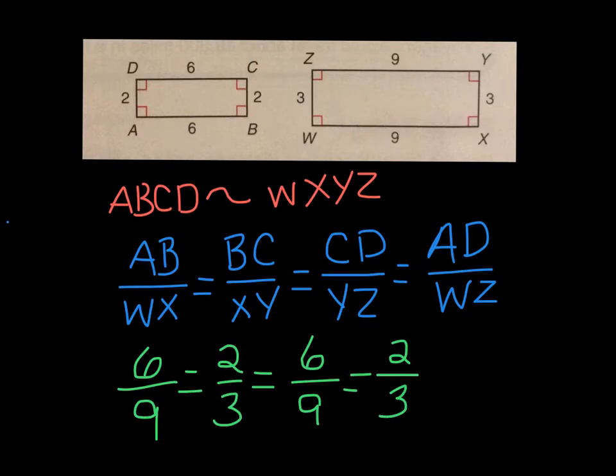So now we can write those as the other proportions. We're reducing 6/9, so we can divide both by 3. 6 and 9 are both divisible by 3, and when we reduce that down, it equals 2/3.